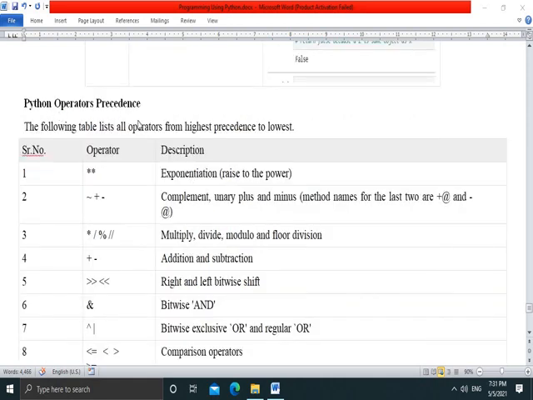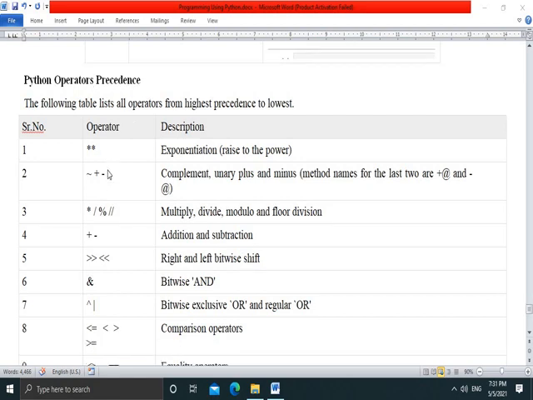Python operator precedence means which operator gets the first preference, written here from top to bottom. Means in an example in which there are many operators in a single line, the statement is executed based on the precedence. First is the exponential operator, then second is complement, unary and minus.